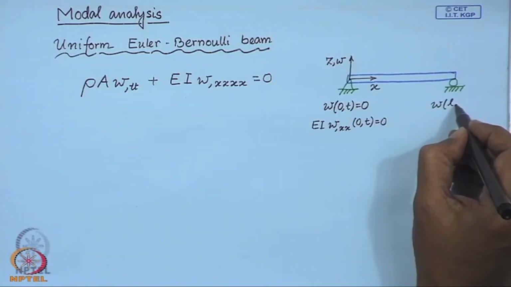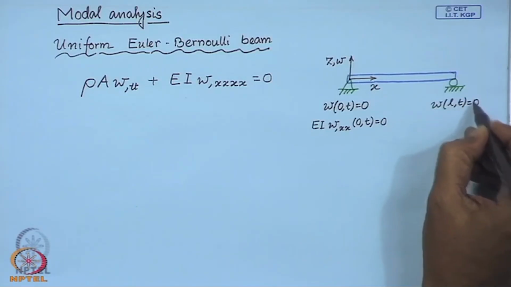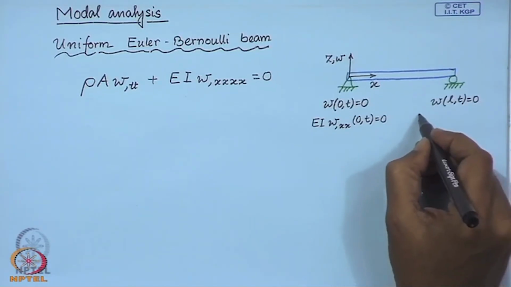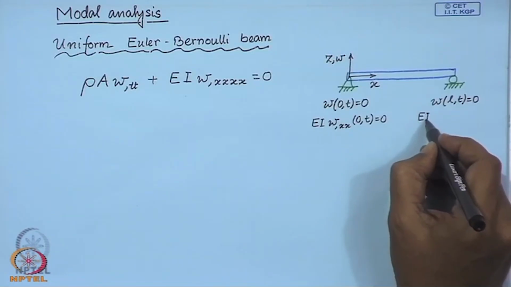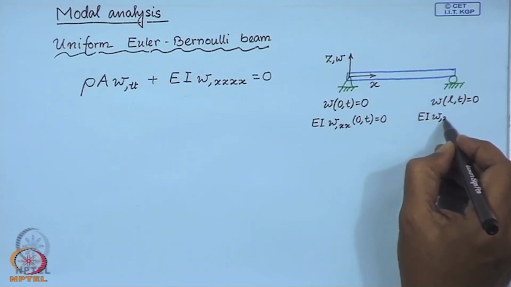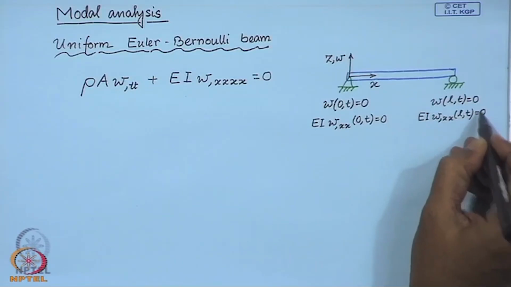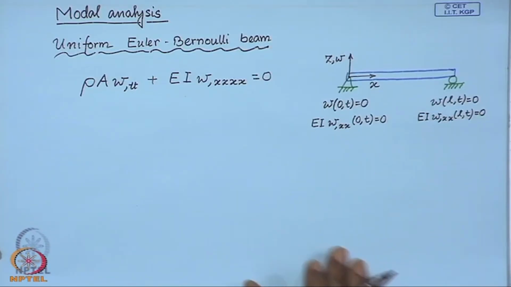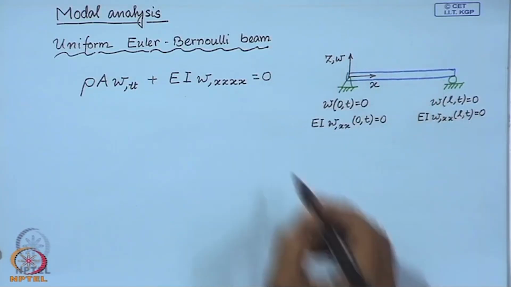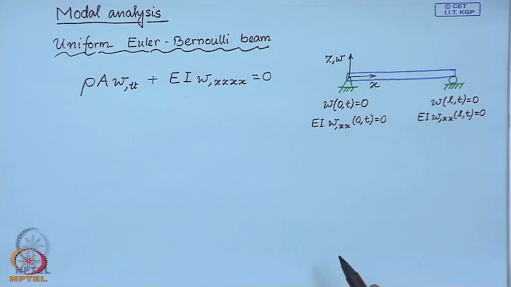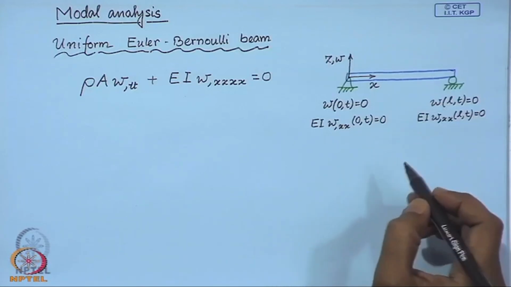Similarly, at x equal to L, we have displacement 0 and bending moment 0. So, let us consider this kind of uniform simply supported Euler-Bernoulli beam.